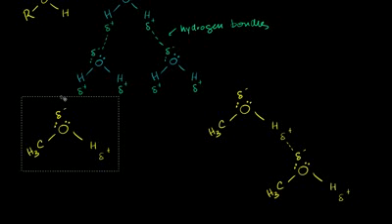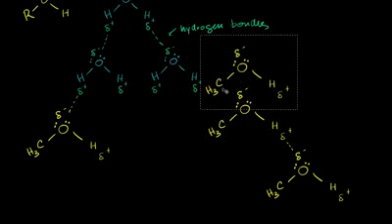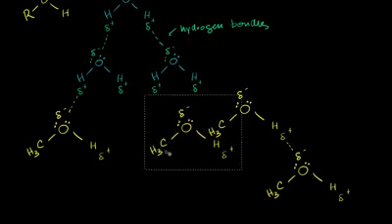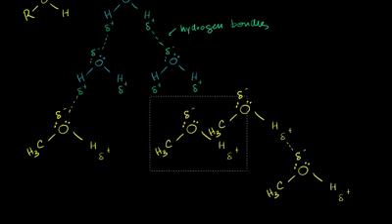If you drop a methanol molecule right there, that would have a hydrogen bond right over there. If I were to draw another methanol molecule, maybe right over here, you would have another hydrogen bond right over there. And that's what allows methanol to be soluble in water.